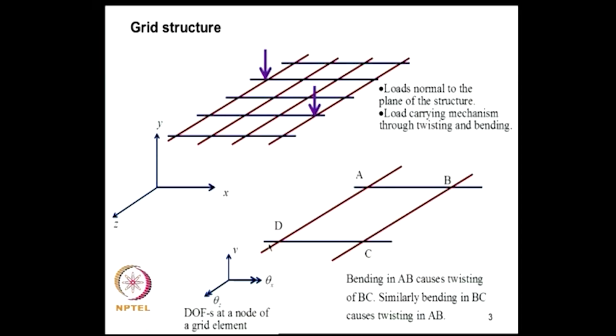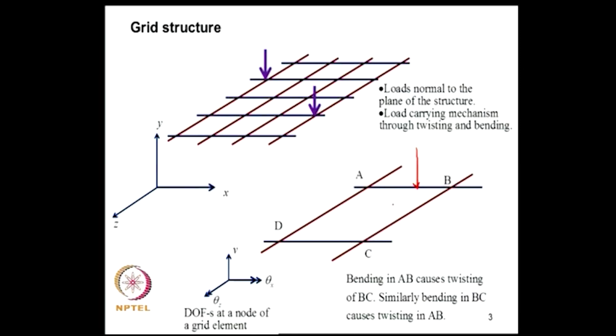Now, if a load acts on AB, AB will bend. Because of bending here, BC will twist. So, a bending action in AB results in twisting of BC.